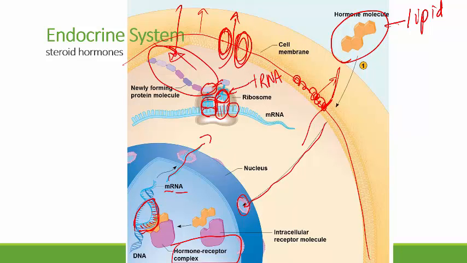So this drawing is showing you exactly what happens with a steroid hormone. The hormone diffuses through the cell membrane, makes it into the nucleus, and binds to the receptor, producing the hormone receptor complex that unzips the DNA and allows the replication of that DNA into a different kind of nucleic acid called messenger RNA.